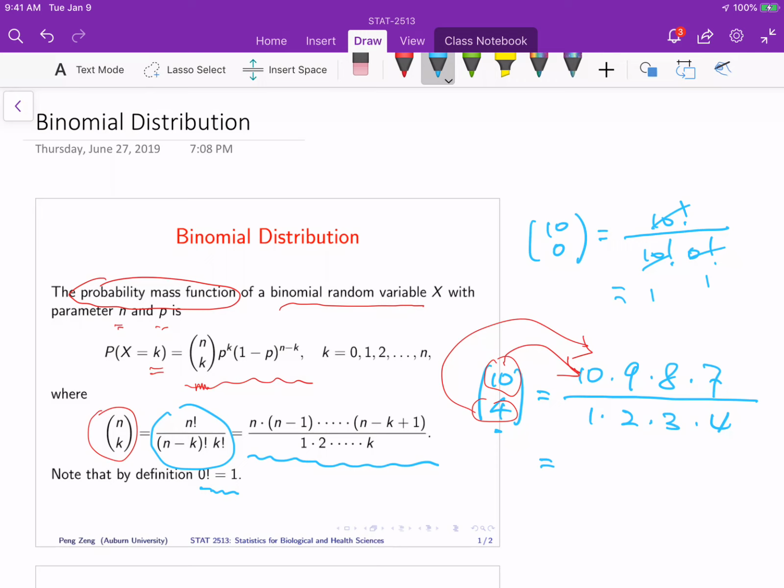No matter what value n is, n choose 0 is always 1, so you can memorize this as a formula.